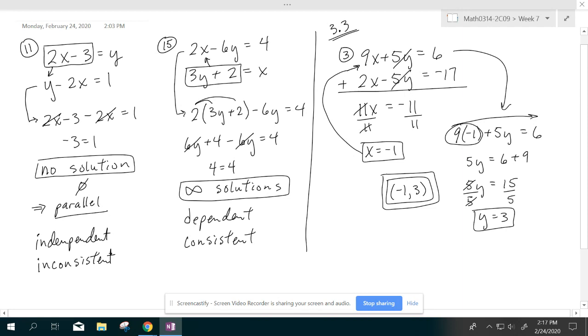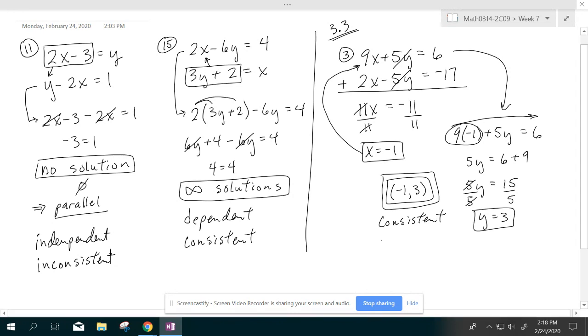And would that be consistent or inconsistent? Consistent. Would that be dependent or independent? Independent. Dependent is if they lay on top of each other and touch everywhere.